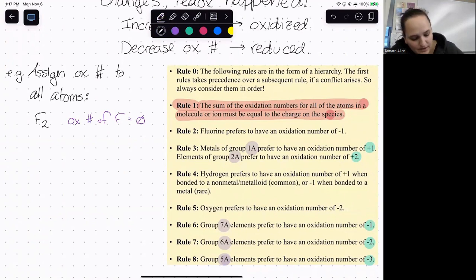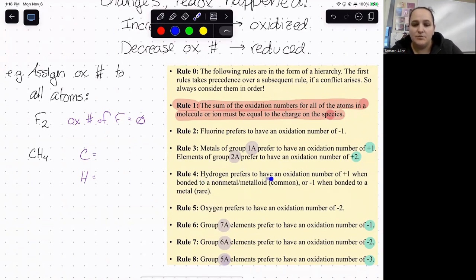To look at another example, CH4. So let's look at what would the oxidation number for carbon be, what would the oxidation number for hydrogen be. So looking through our list of rules, we don't find a rule for carbon. It doesn't have a preference. Carbon is very flexible. It can have lots of different oxidation numbers, but we do find a rule for hydrogen.